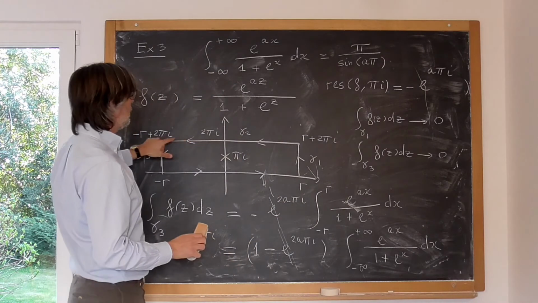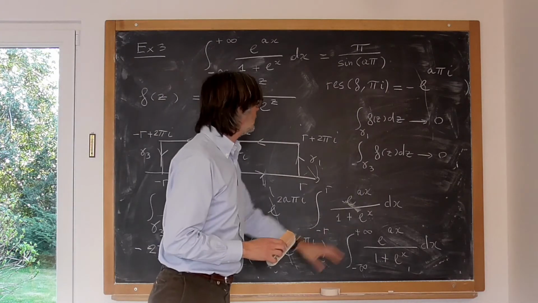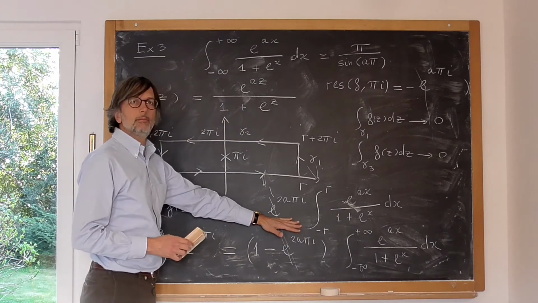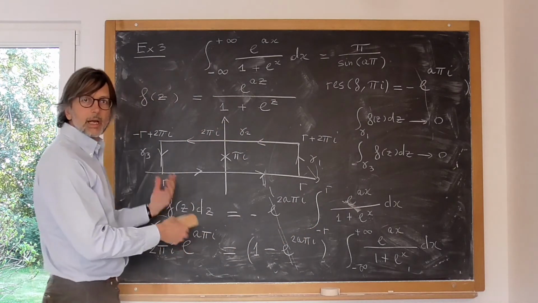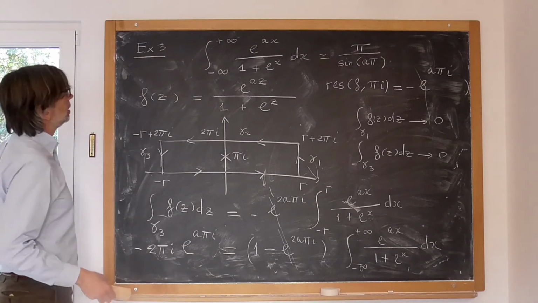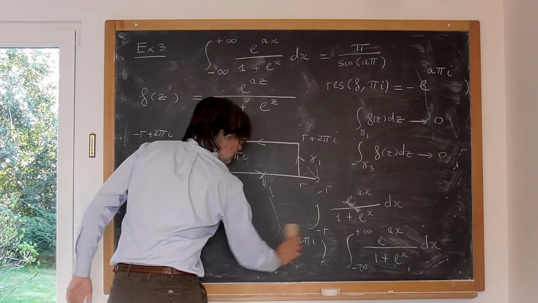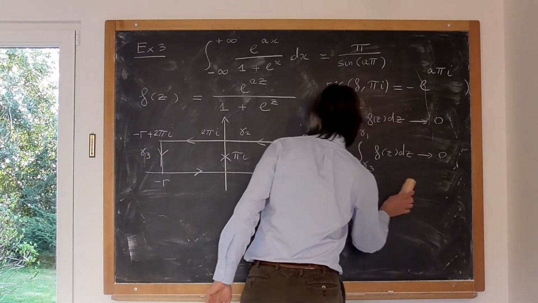The integral here is not precisely the same integral we started with, but it's the same integral multiplied by this number. But this again allows us to do computations, allows us to conclude.